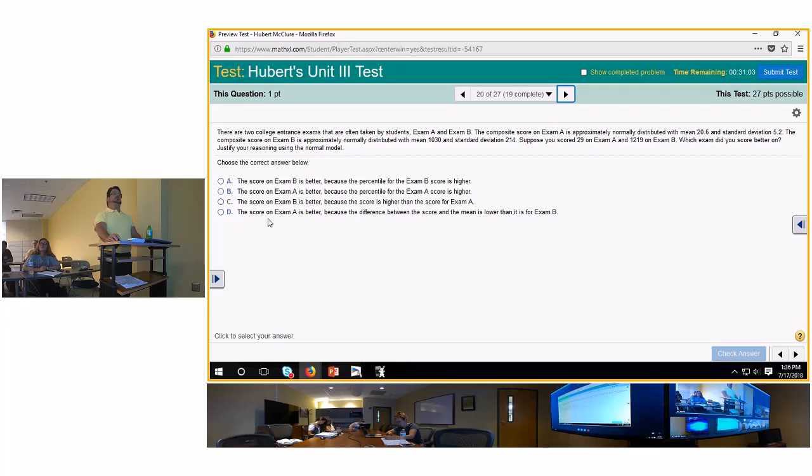The composite score on Exam B is approximately normally distributed with a mean of 1030 and a standard deviation of 214. Suppose you score a 29 on Exam A and a 1219 on Exam B. Which exam did you score better on? Justify your reasoning using the normal model. Sounds like to me, you have to change them to what? Z-scores. Apples and oranges.